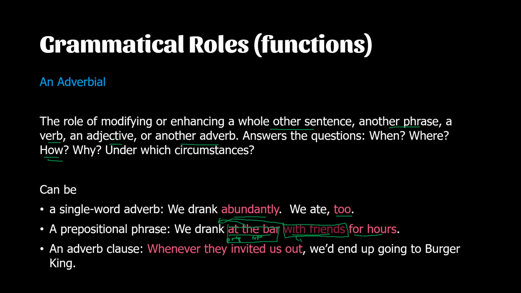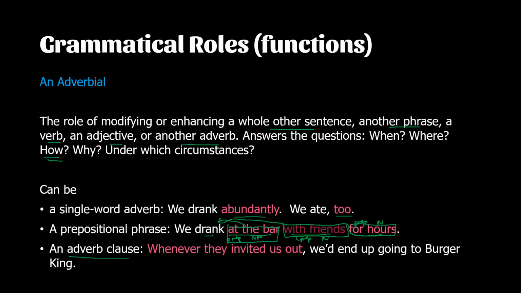It contains a preposition, and it contains a noun. So this is the situation where phrases contain certain parts of speech but behave like a different grammatical function. For hours, here is a preposition and here is a noun. Together as a group, it's a prepositional phrase acting as an adverbial describing drink.